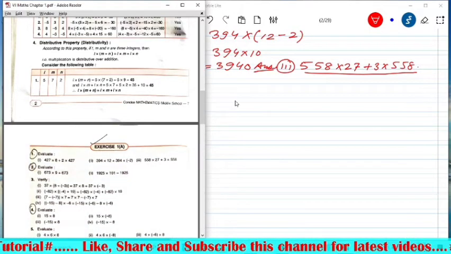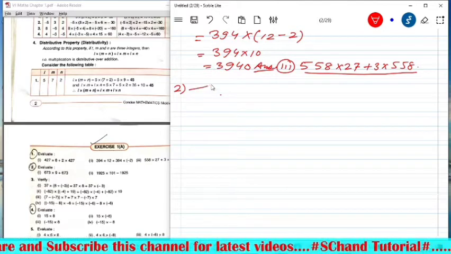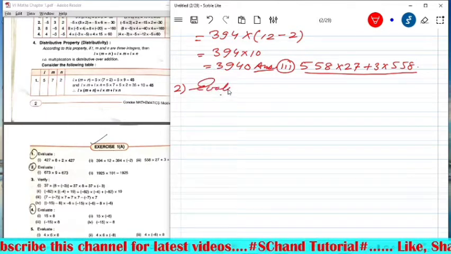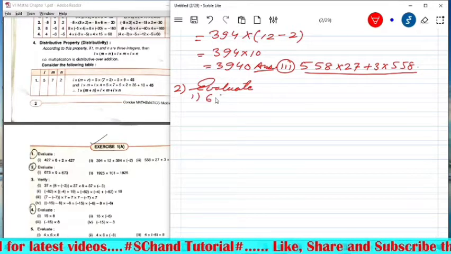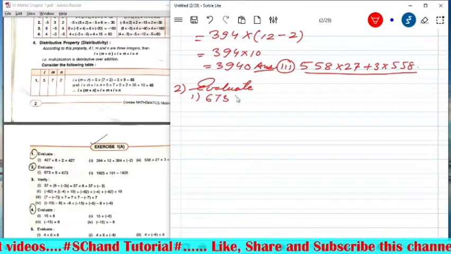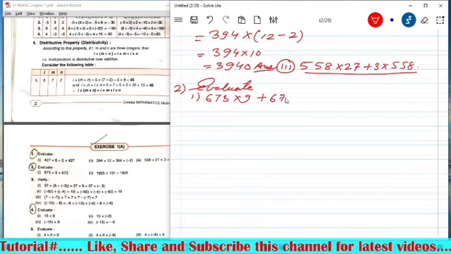Then we have the second question, that is there in the syllabus. Again evaluate. Very first, 673 is multiplied by 9 plus 673.